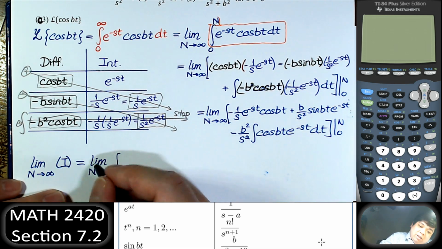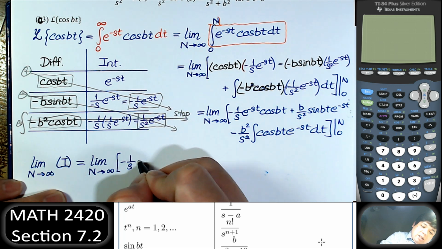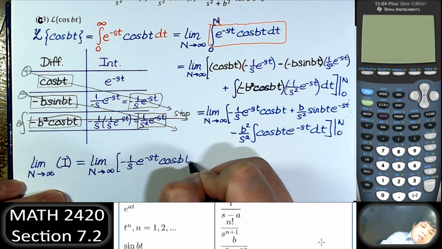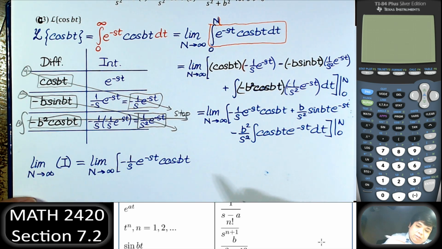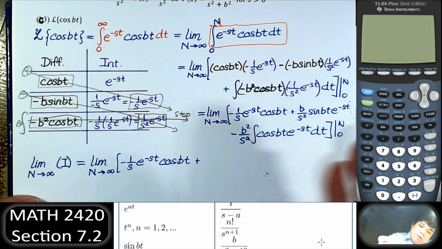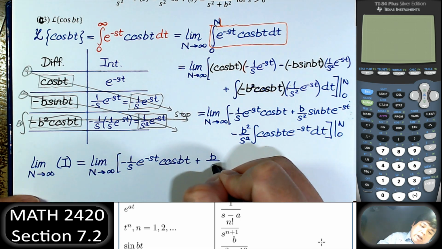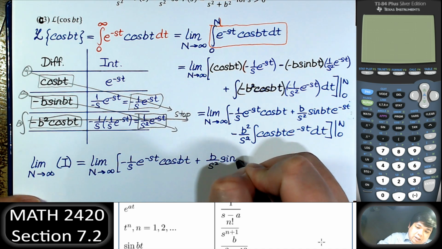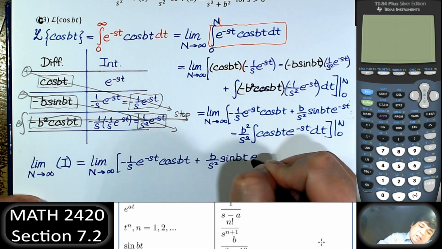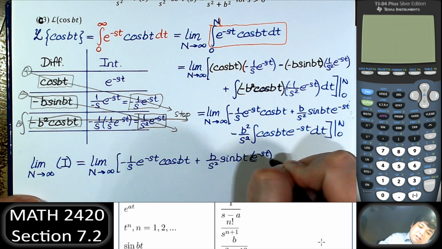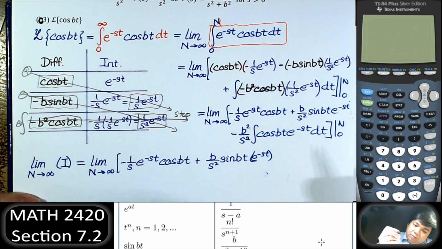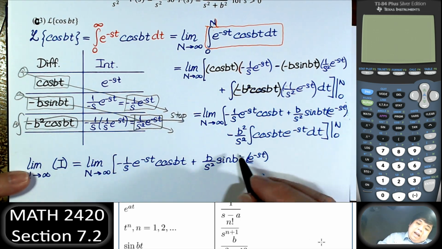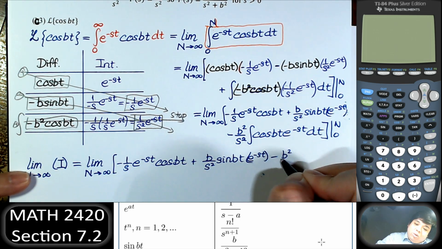Let's write everything out. Negative 1 over s e to negative st cosine bt plus b over s squared sine of bt e to negative st, and then minus b squared over s squared.